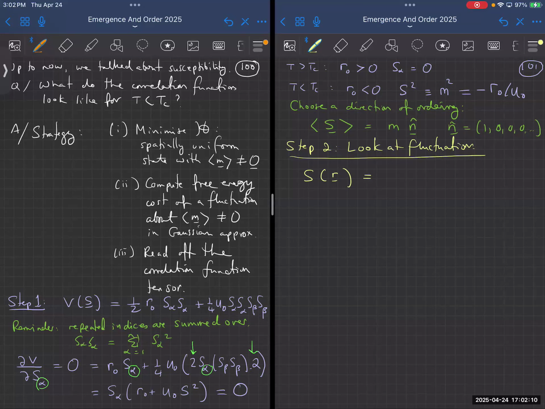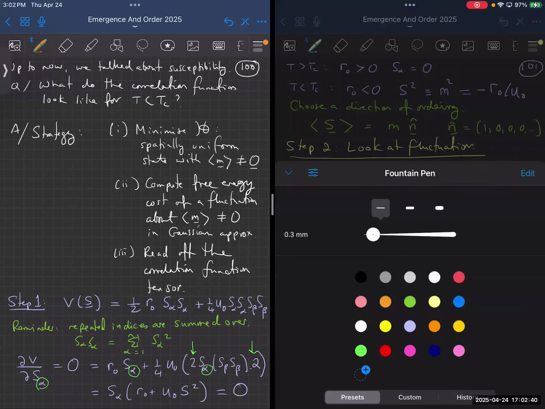It's going to equal m times n hat, in an ordering direction, and then there's going to be a fluctuation, and I'm going to call that fluctuation phi of r, which is a vector. Just to make life easier, I'm going to multiply it by a factor m, and include that in the definition of m, just to make the algebra simple. So this is how I define the fluctuation.